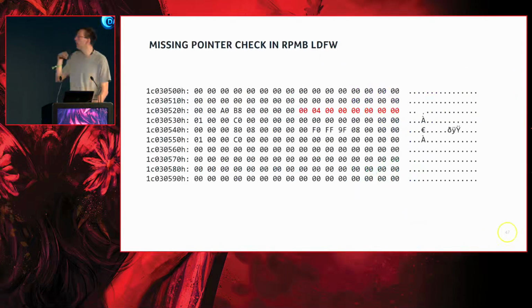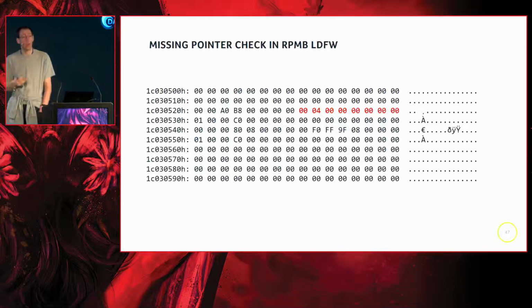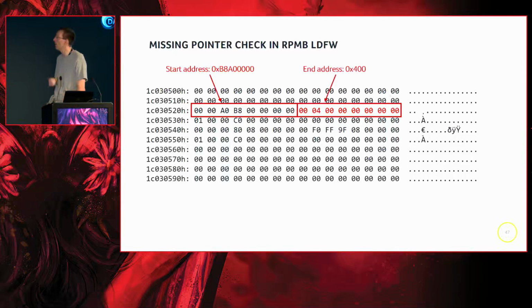And when you check back what has happened, the last one was writing 1024 to the end address. We still have the correct start address for our secure range, except this time the end address has been changed to 1024, and we no longer have a valid configuration.